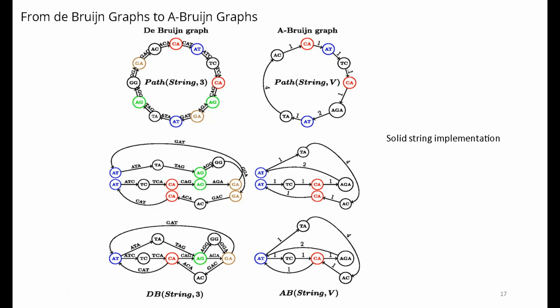But in the A-Bruijn graph we can use, so to speak, substring-free nodes, meaning that we can use not k-1 nodes, but whole k-mers. And there's a special formulation for such k-mers. It's a solid string. A solid string means the most frequent k-mer in the genome, which can be representative for constructing the graph.